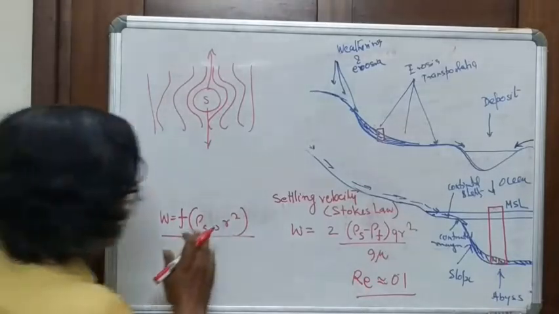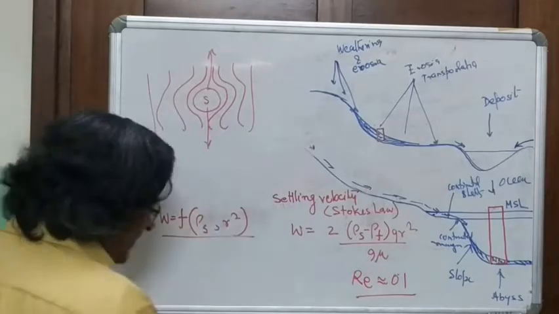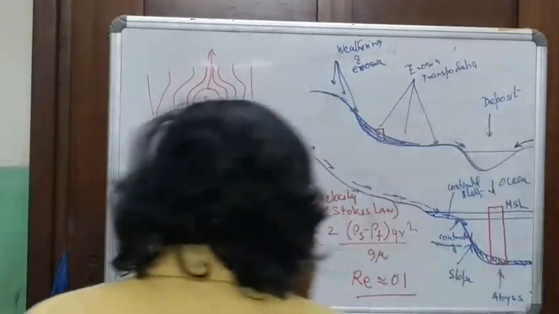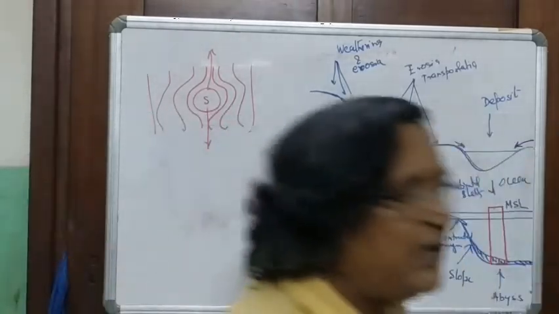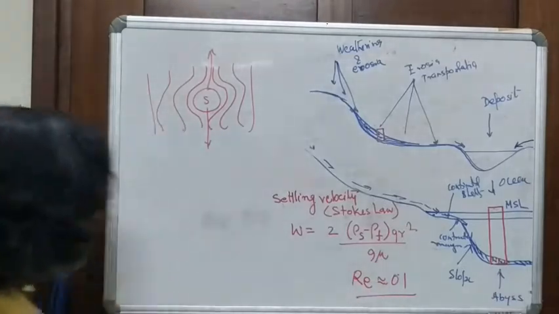So you can take this as a simple case, and this is the important fact. We will talk a little bit about it in a moment. But this is a very low Reynolds number.